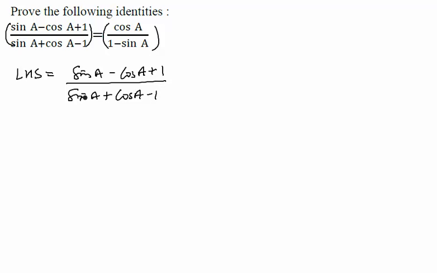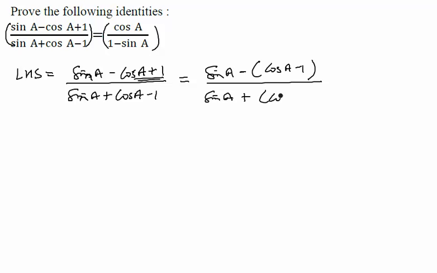Now this is a particular question in which we don't directly get some idea where to begin. One thing that can be noticed is, if you look at these two terms and take minus common, you will get sin a minus of (cos a minus 1), and the division will again be by the same thing, sin a plus cos a minus 1.